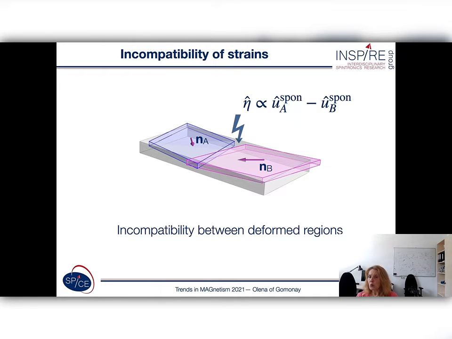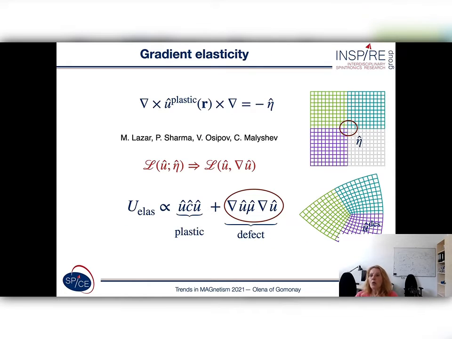Incompatibility appears always in case of inhomogeneous distribution of spontaneous strains, and mathematically it is expressed using the gradients of spontaneous strains. Incompatibility is a well-known concept in the standard elasticity theory, and it is usually used for description of materials with defects such as dislocations and disclinations.